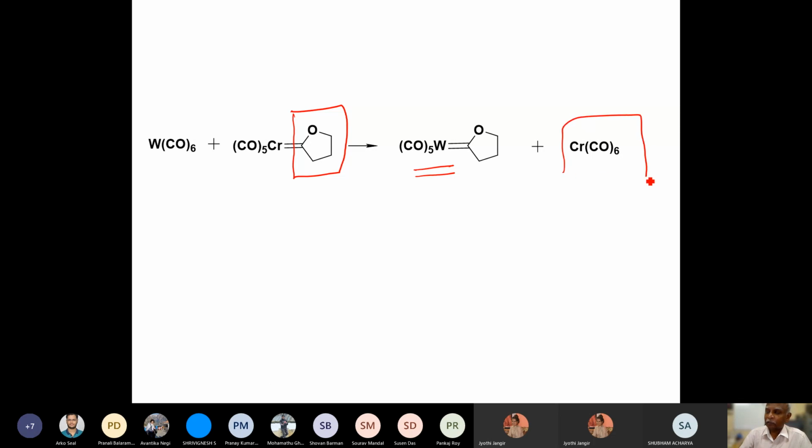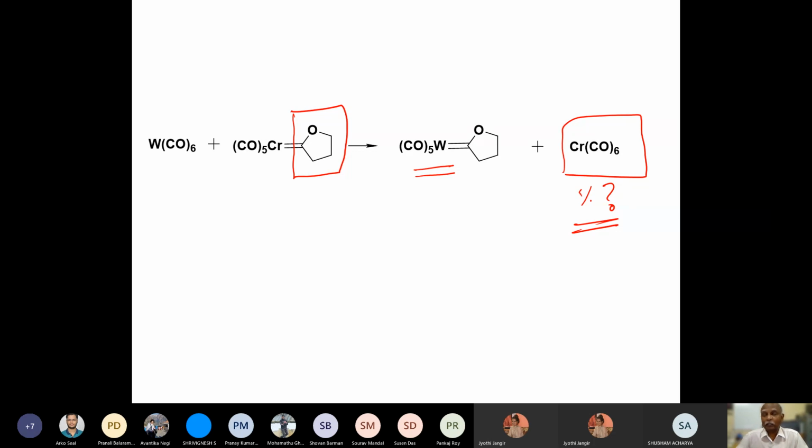Nothing is known about the mechanism of the reaction and the percentage of the CrCO6 that is formed. Because as I tell you in the next few lectures, you cannot have a substitution reaction on these metal carbonyls without ligand dissociation.